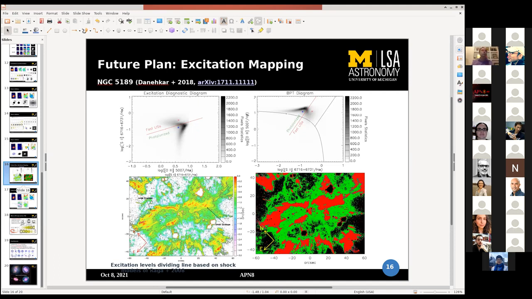Your question is about how I distinguish between these low ionization and high excitation regions, you mean? This is something new. Recently, from 2018, some people started to use this diagnostic diagram, which is similar to the BPT diagram. This BPT diagram is used for resolving extended galaxies in Hubble images.